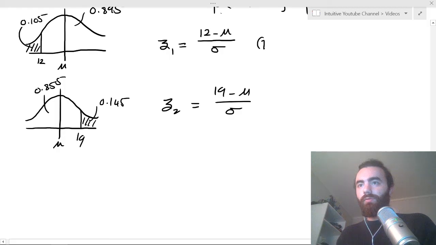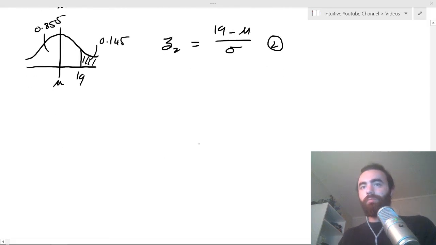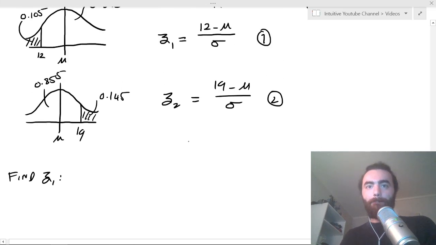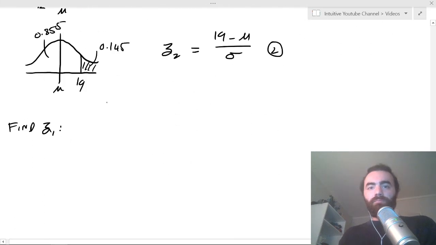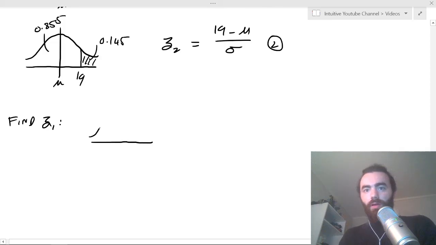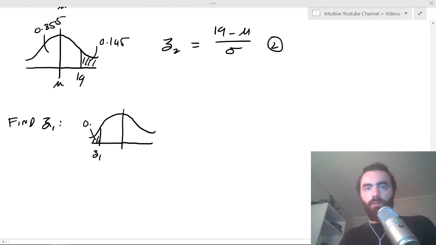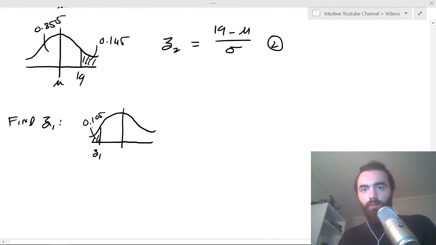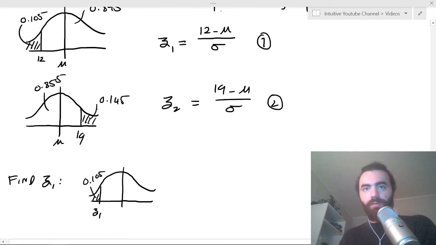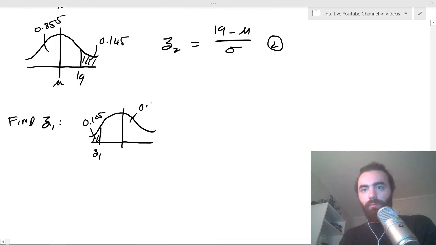So again, let's call these equation 1 and equation 2. So let's find z1 first. Well, z1 corresponds to this area here, which is 0.105. Remember, this area is 0.895.